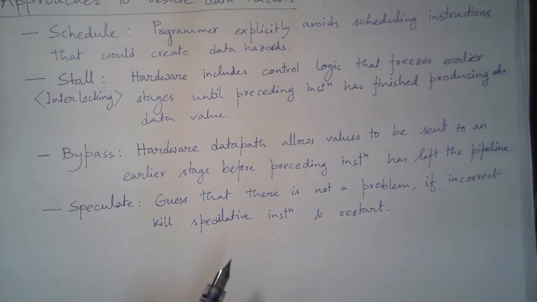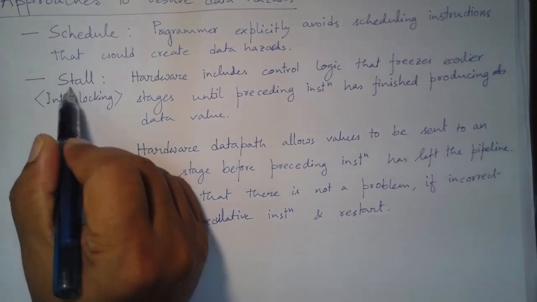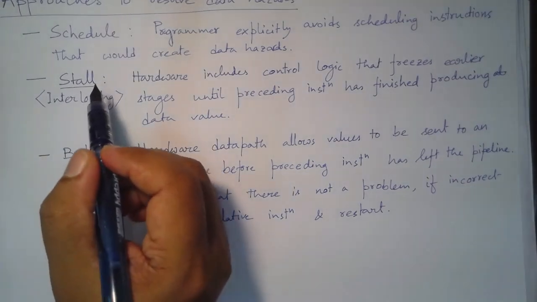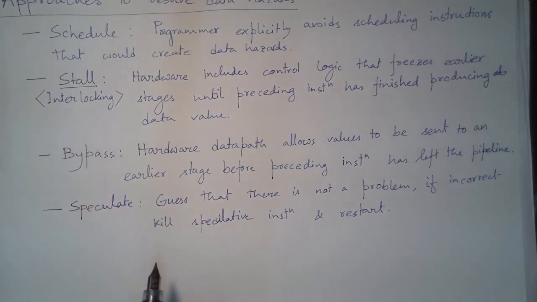Now, the most popular approach to deal with data hazard is basically stall or interlocking. As the description says, you have some hardware control logic that will freeze the earlier stages until the preceding instruction has finished producing the data value.